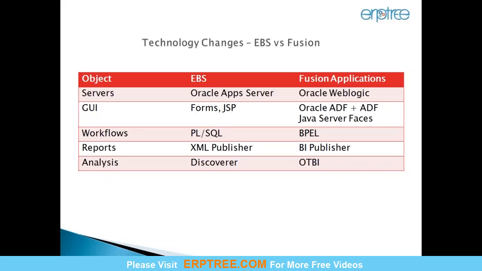And analysis of the reports you could do through Discoverer in EBS, but now we are doing it through OTBI, Oracle Transactional Business Intelligence, which is an integrated tool to analyze and view graphically what the data is showing, and how it can best be presented. So you don't need to worry about all those things.